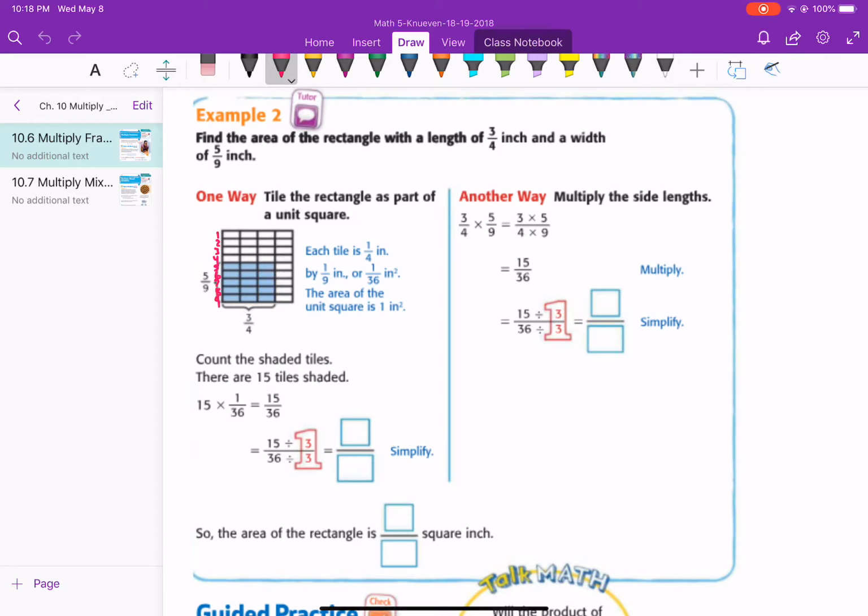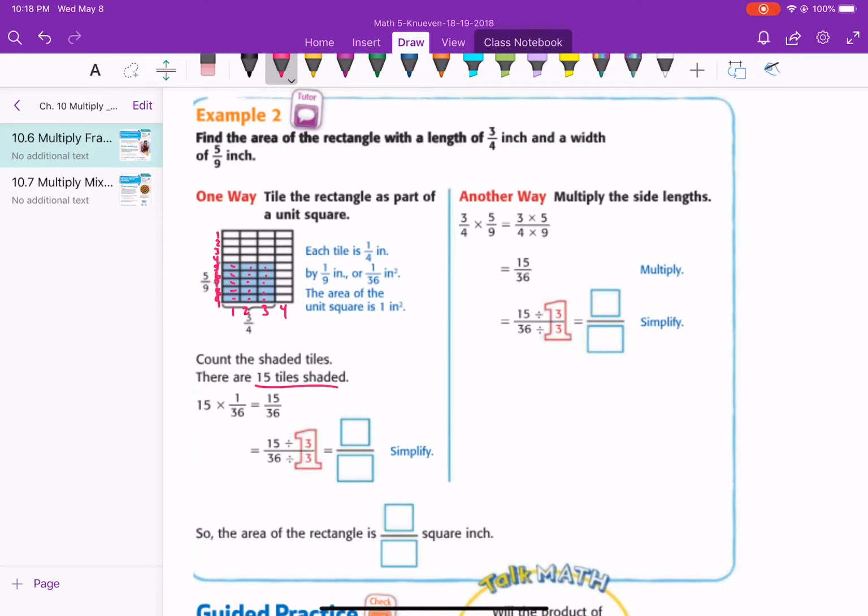And then I have 3/4 shaded this way, so I have 1, 2, 3, 4 here, and so 3 of those are shaded. The overlapping where they both match is our section that would be the area. So I look at this and say, well, I've got 15 tiles shaded.